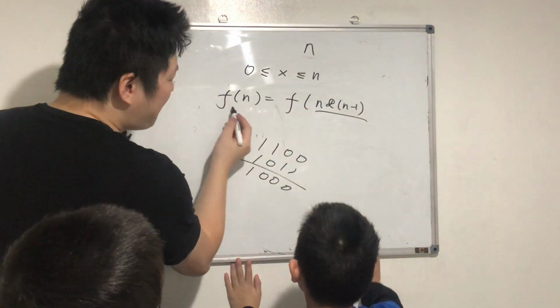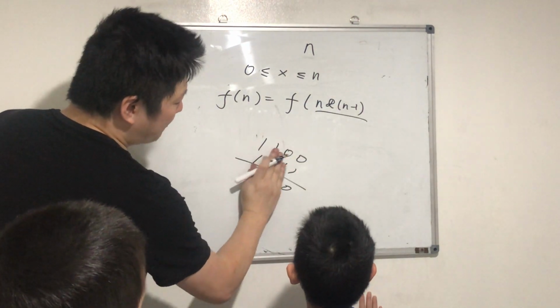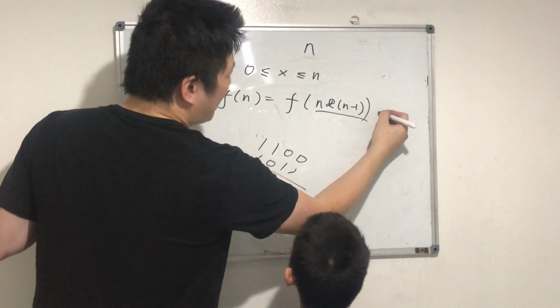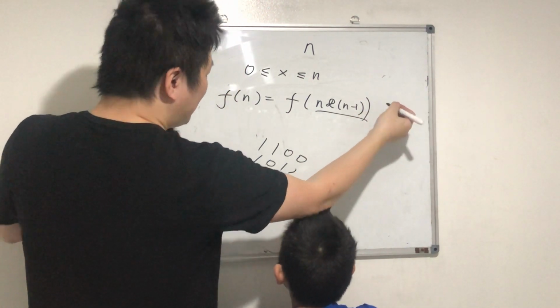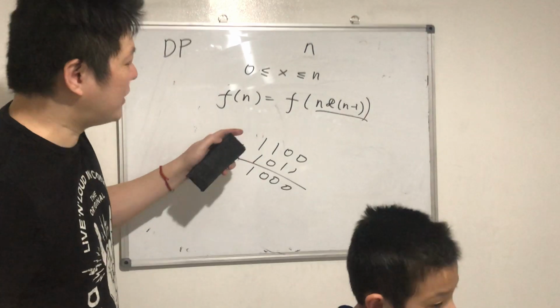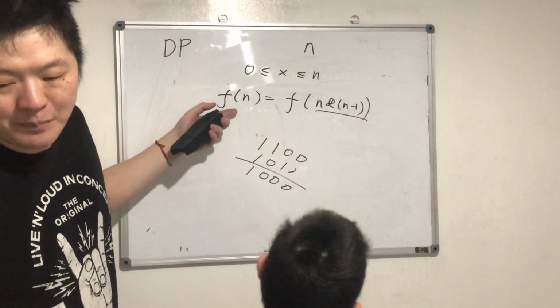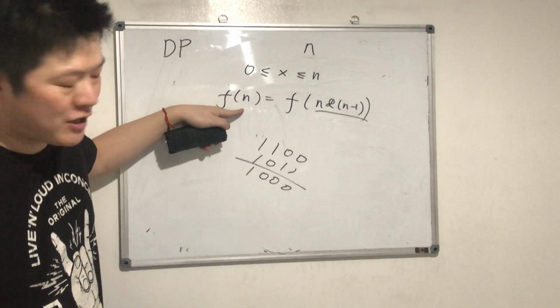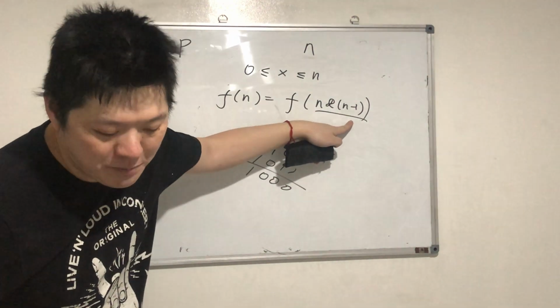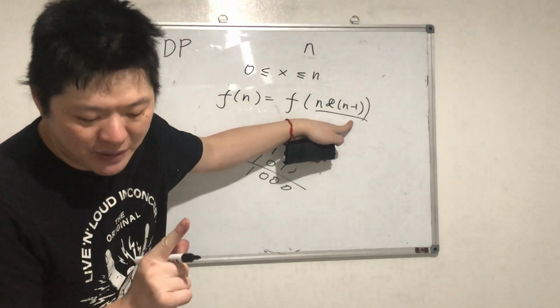Okay, so look, Fn, I get rid of the rightmost bit, and then that will be. What should I do here? F is the number of bits for the integer n. If I get rid of the rightmost bit, I get rid of 1 bit.